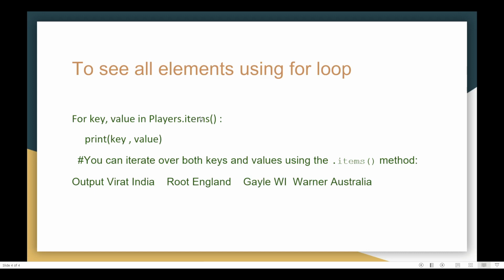We will use dot items so you can retrieve both the keys and values using this dot items method. So this is extremely important, dot items, and we will use the brackets, and then we will simply use print key and value.